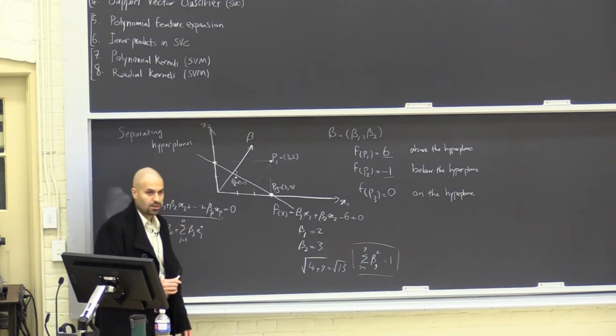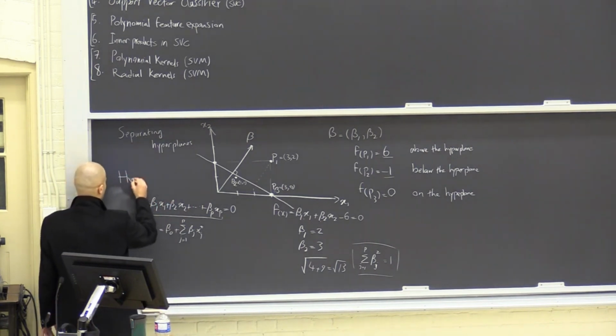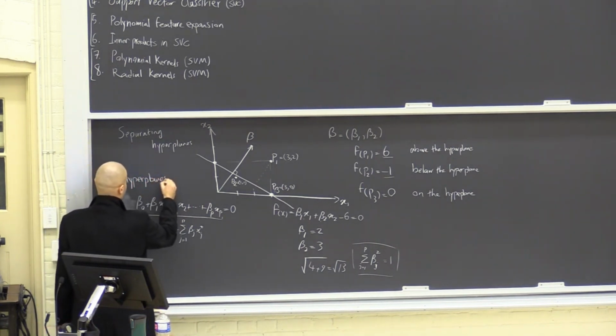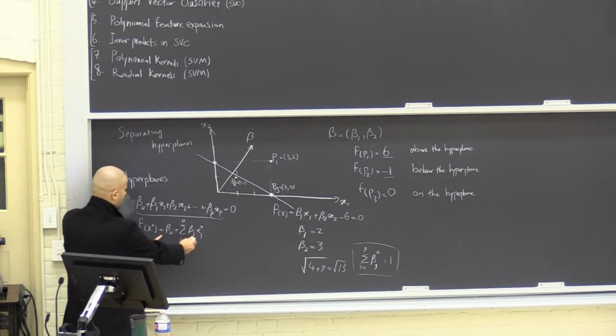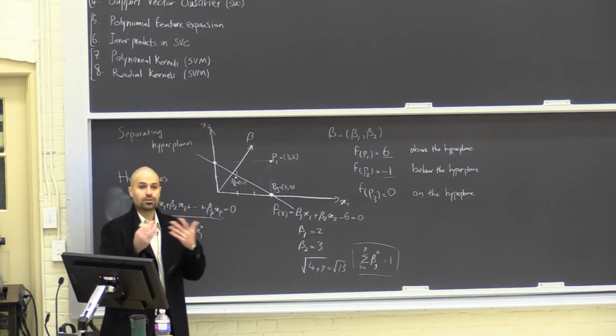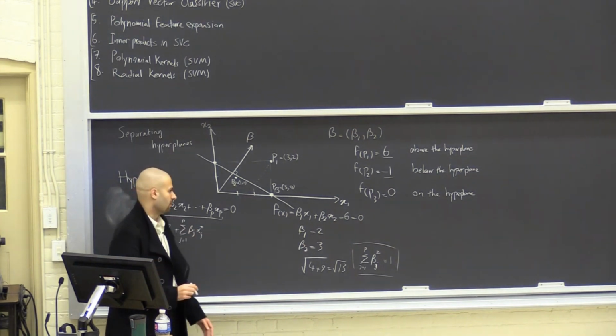Any questions? So this was about hyperplanes in general. This is the representation of a hyperplane, and from that we can get this function that directly allows us to separate points in the feature space.